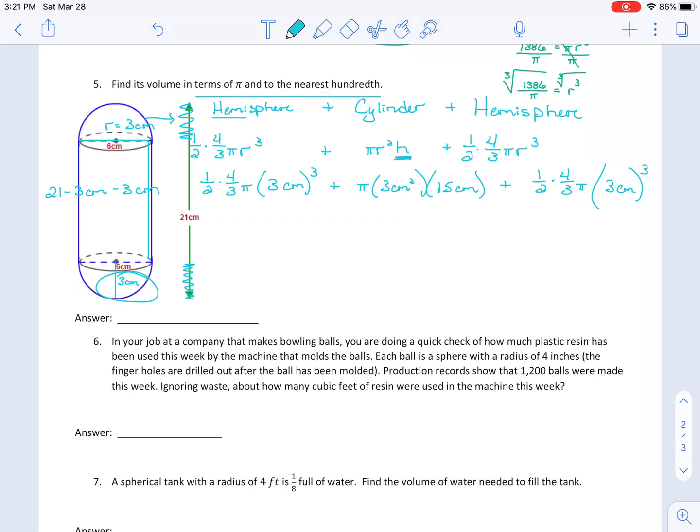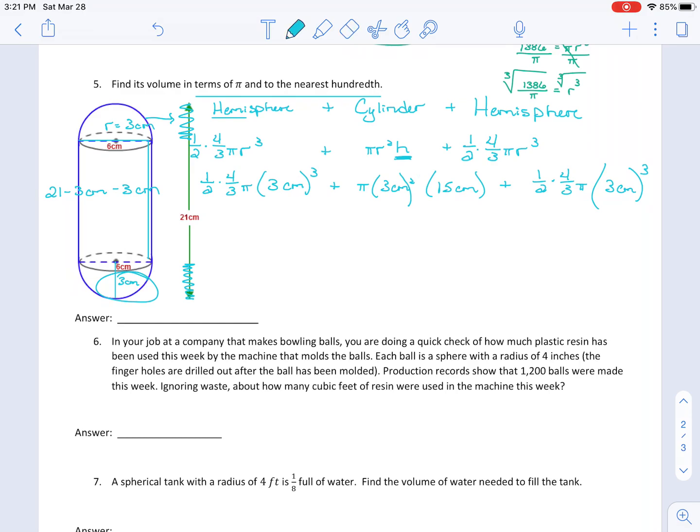So it says terms of pi and nearest hundredth. So what I'm going to do in my calculator, I'm going to type in everything I see except for these pi's, and I'm going to let it do all the combining like terms for me because I'm lazy and I don't want to do that work myself. So I'm going to have 1/2 4/3, I'm not going to type in pi, but 3 to the third plus, oh, I just realized I put the squared inside the parentheses, and it definitely should have gone outside.